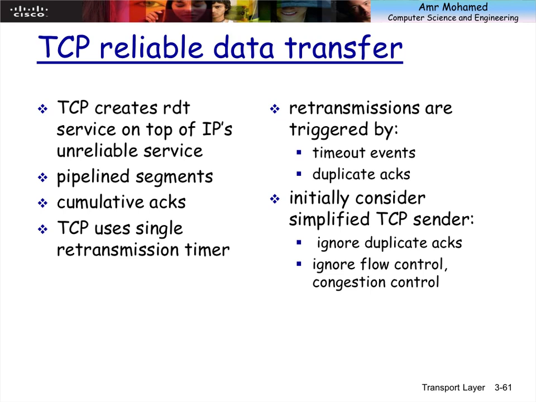This is the start of the differentiation for TCP. Retransmissions are normally triggered by timeouts, right? But here TCP uses something a little different or additional, called duplicate ACKs.